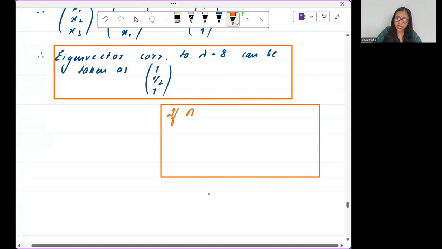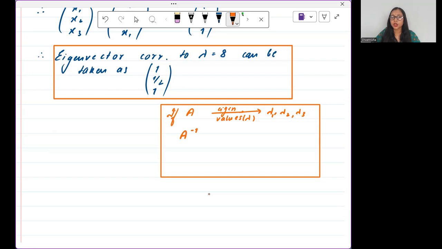If A has eigenvalues lambda 1, lambda 2, and lambda 3. They are not asking you to check whether A inverse exists, so obviously, in this question, A inverse would exist.